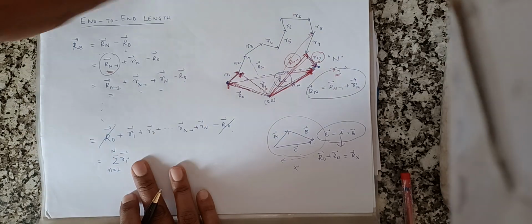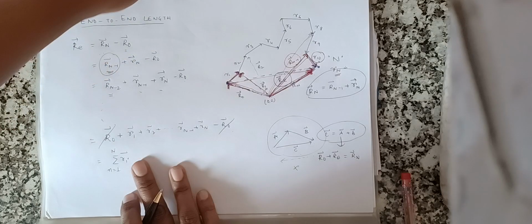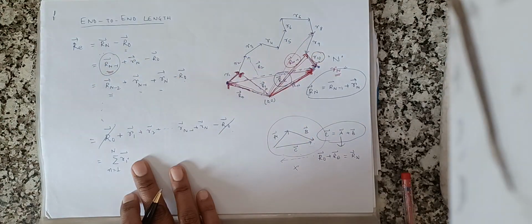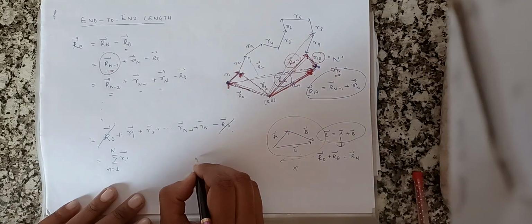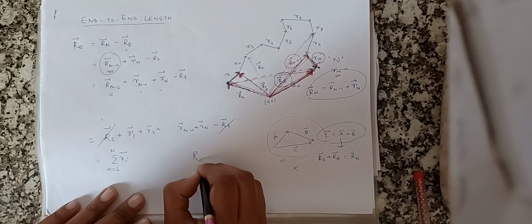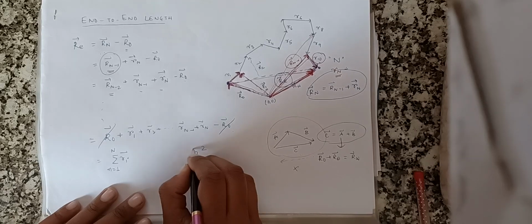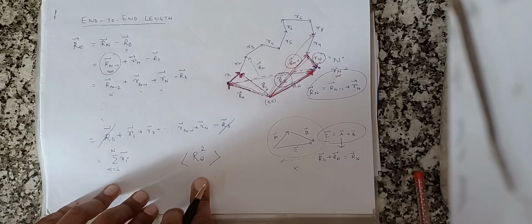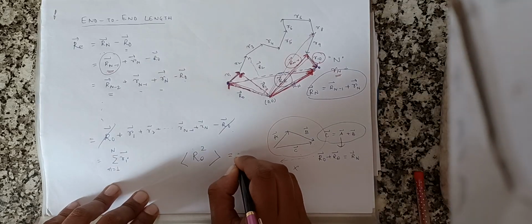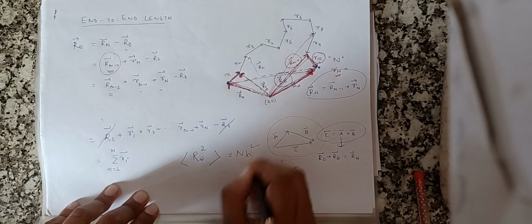So let me now continue this discussion and discuss how you get the final expression. What will be the steps after this to get the final expression for Re mod square? We saw that instead of going with Re, we defined this quantity Re square and averaged it, and our final expression was equal to N b0 square, right?